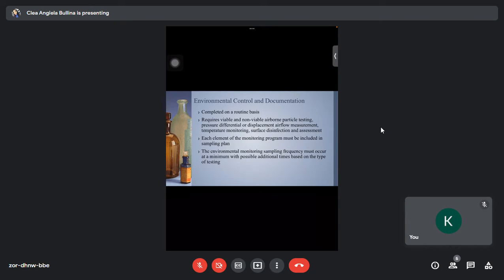So we also monitor the humidity, the sound, lighting, because this may also be considered by the facilities to enhance the environmental monitoring program.